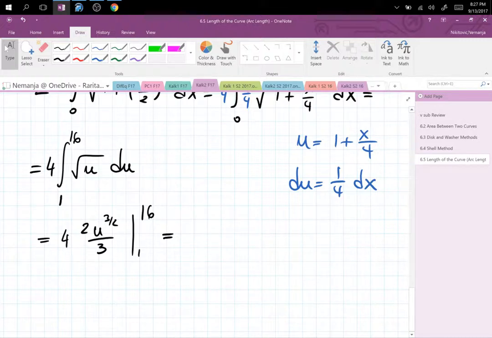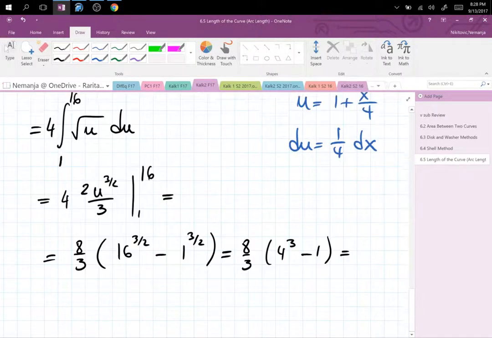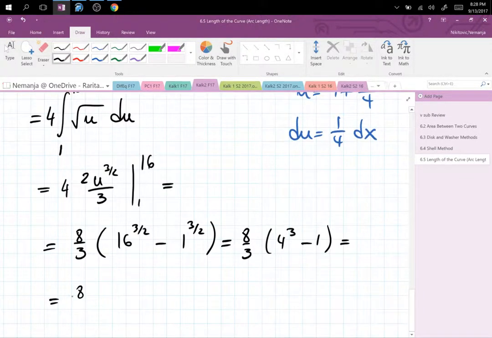So just compute. I have 8/3, 16 to the 3/2 minus 1 to the 3/2, which is 8/3. Square root of 16 is 4, so 4 cubed is 64, minus 1. 63 divided by 3.